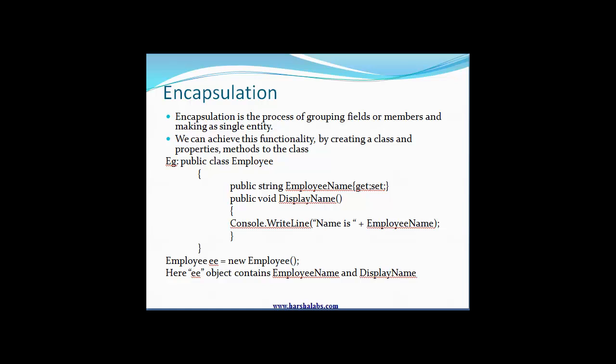The property is a public string EmployeeName with get and set, and public void DisplayName is the method. When we instantiate the Employee object, that object contains EmployeeName and DisplayName.